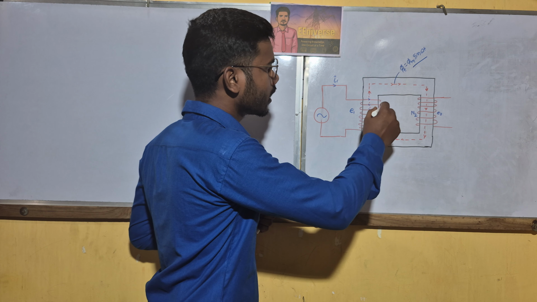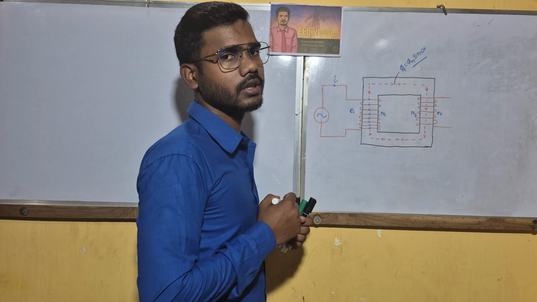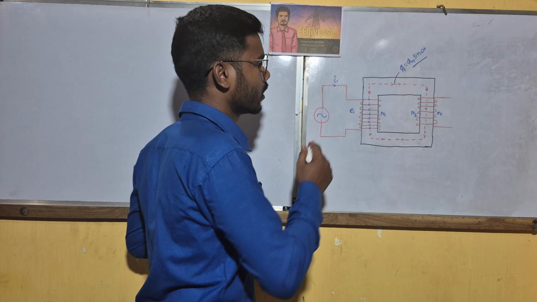When an alternating current flows through this primary coil, then a flux is generated, and this flux links with this coil and EMF is induced in this coil.